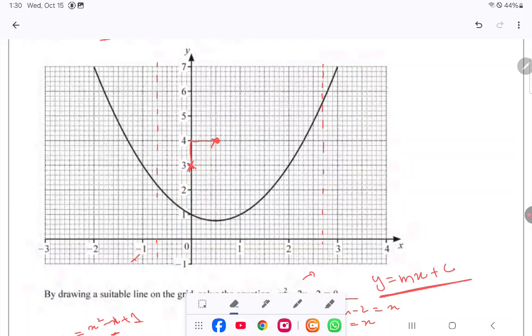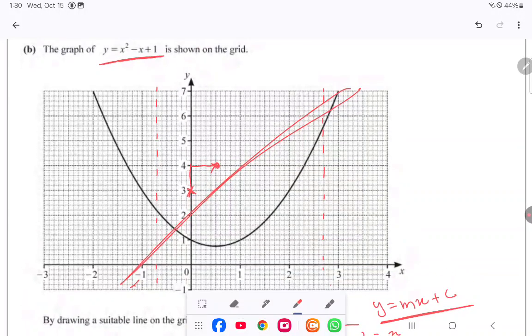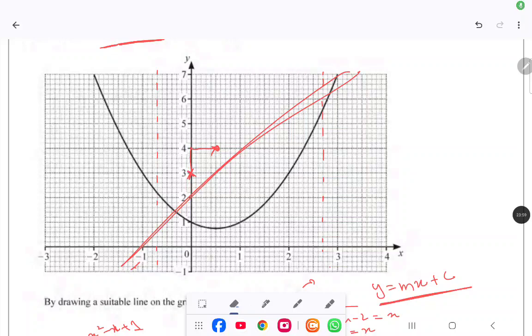Something like a straight line will be formed on this condition. This is our 1 unit of y and this is our 1 unit of x. So a line is marked here, and from here to here a line will be formed.